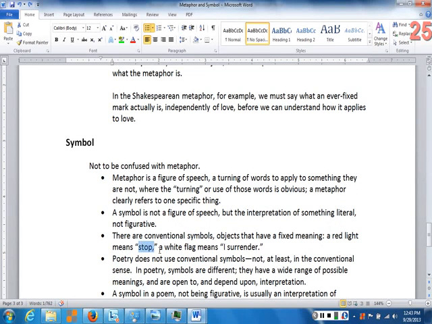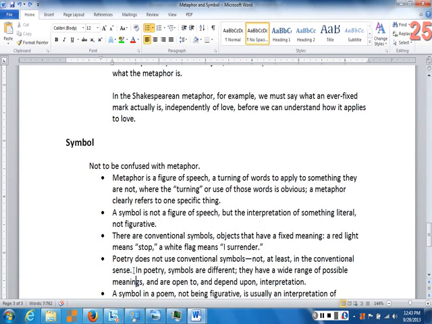Or, if we're in a battle, we don't do this anymore, but in the old days, a white flag that is waved in a battle means I surrender. These are conventional symbols. Poetry does not use conventional symbols, at least not in the conventional sense.